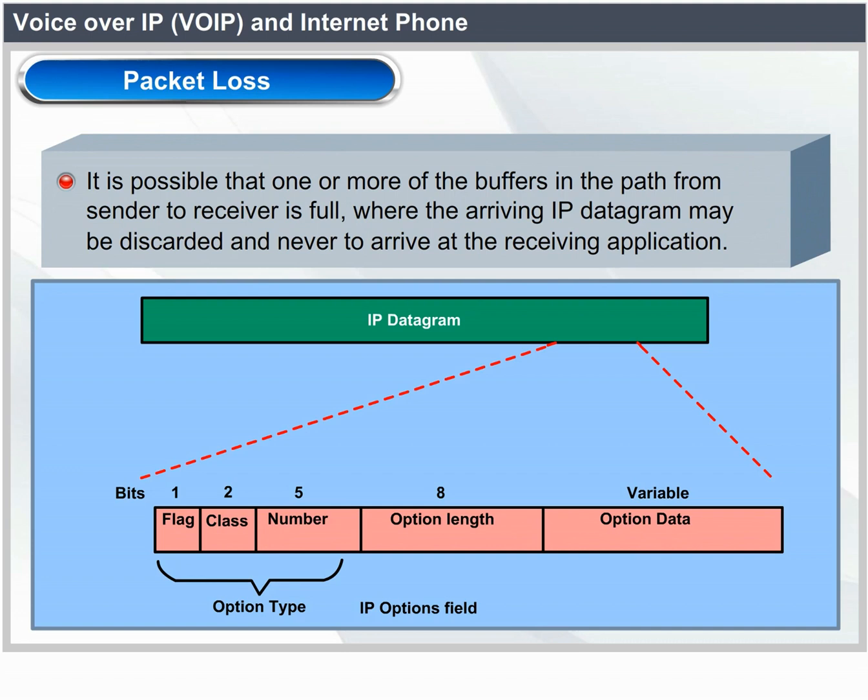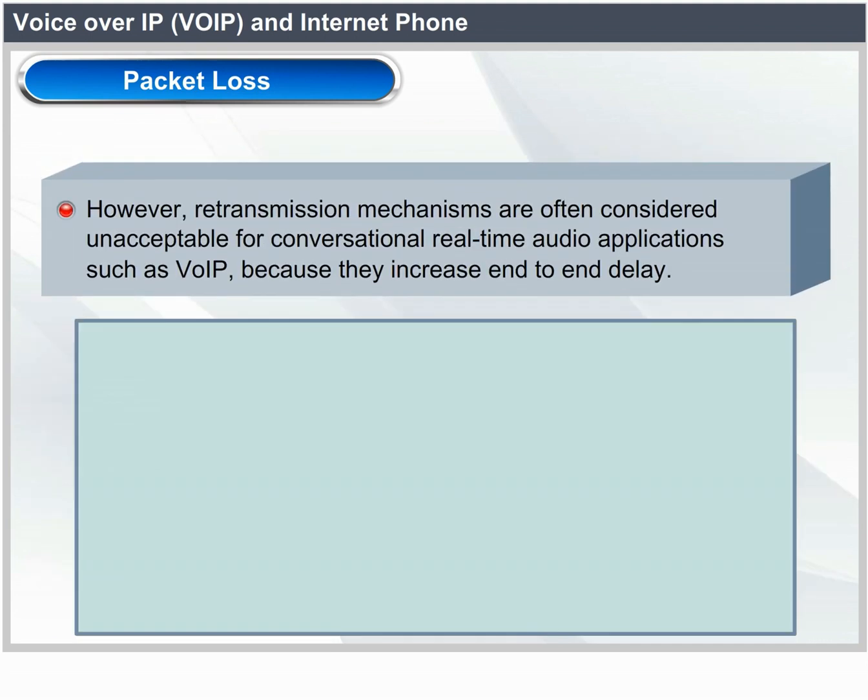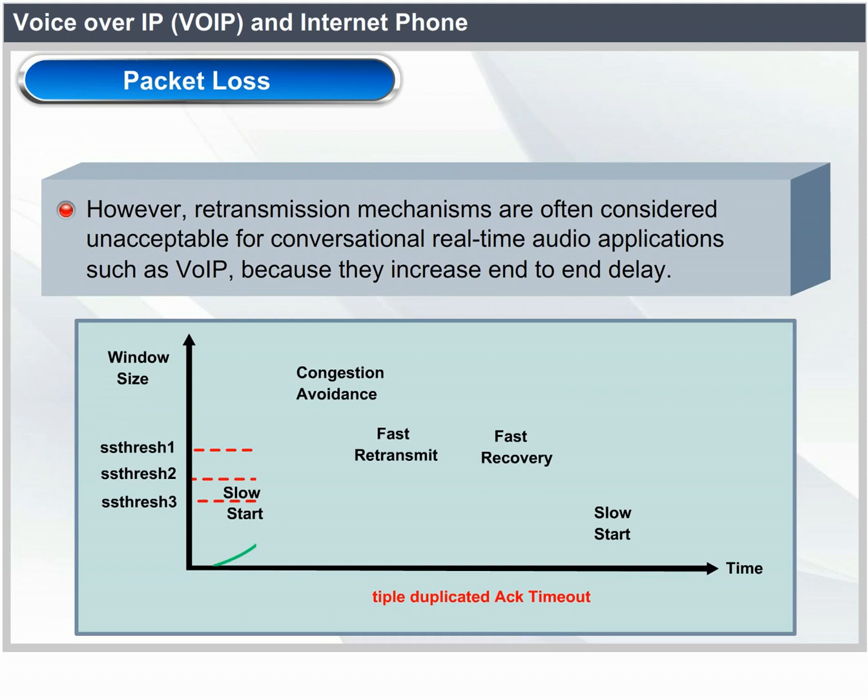Loss could be eliminated by sending the packets over TCP rather than over UDP. However, retransmission mechanisms are often considered unacceptable for conversational real-time audio applications such as VoIP because they increase end-to-end delay.